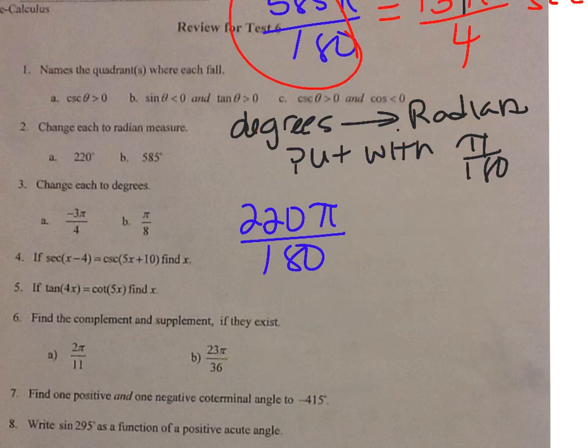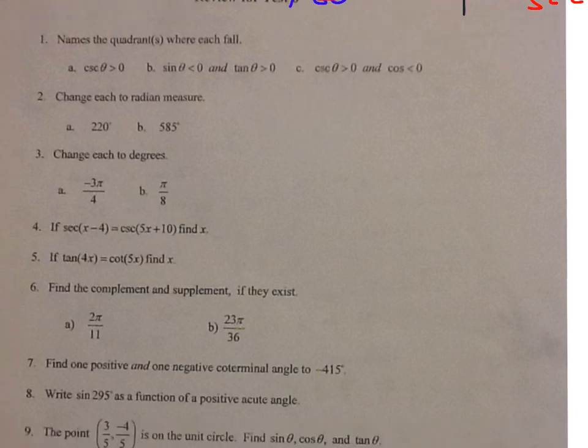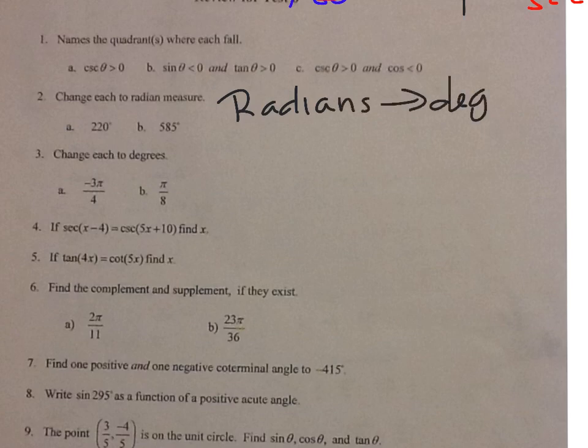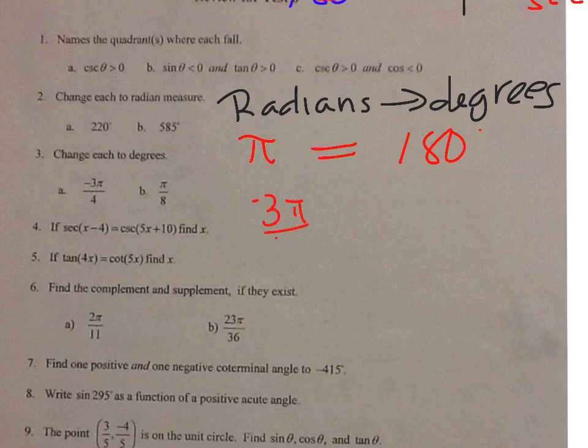All right, so now changing from radians to degrees. So remember, what we know is pi radians is equal to 180 degrees. So I'm just going to replace pi with 180 and simplify. So let's look at A. Negative 3 pi over 4.